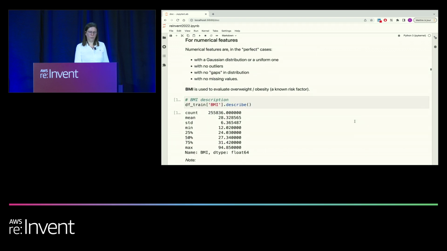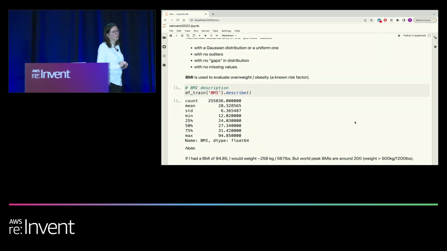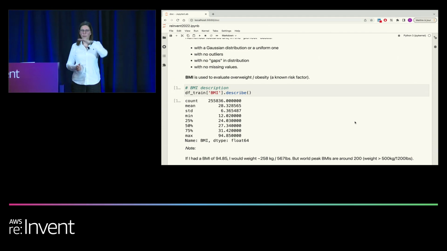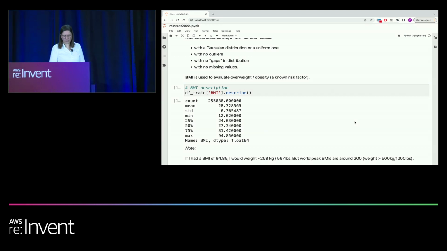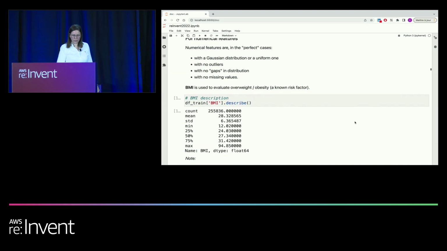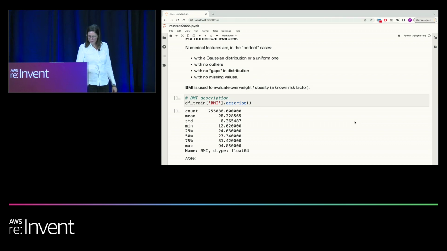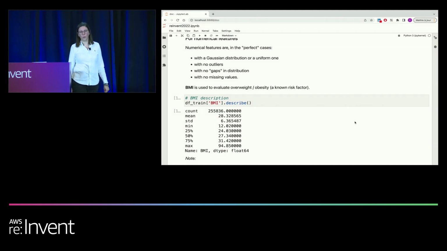For the numerical feature, you are trying to find either a uniform distribution or a Gaussian one, a very good Gaussian distribution. And so you can study them, for example, with the BMI. So if you just look at the statistics, the BMI here is from minimum 12 to maximum 94.